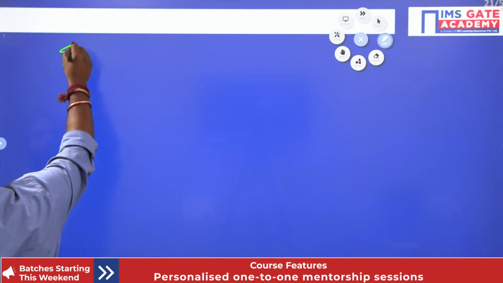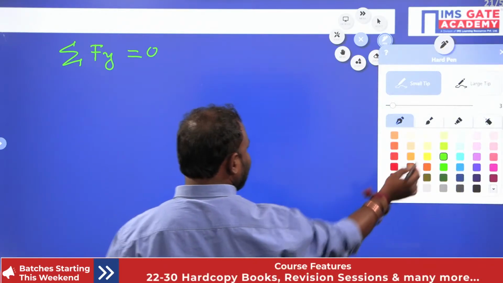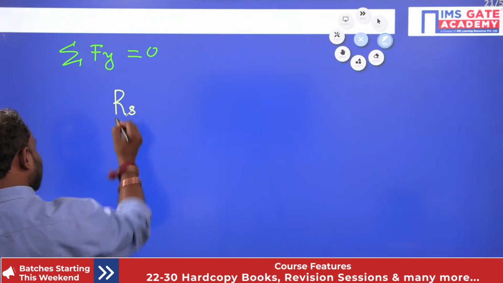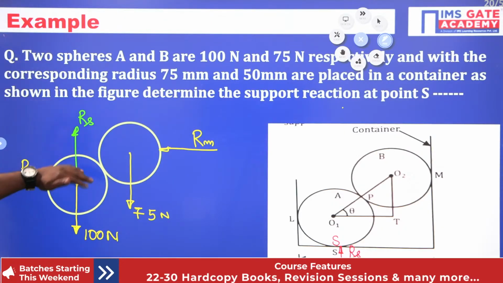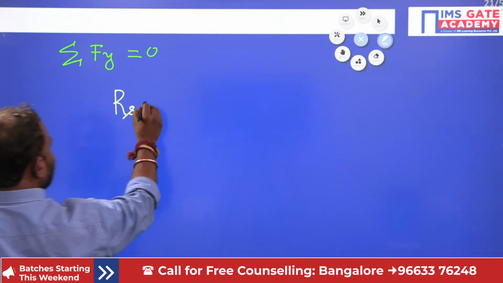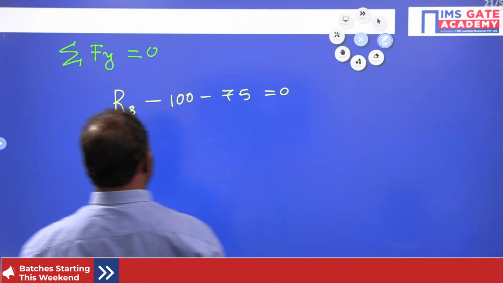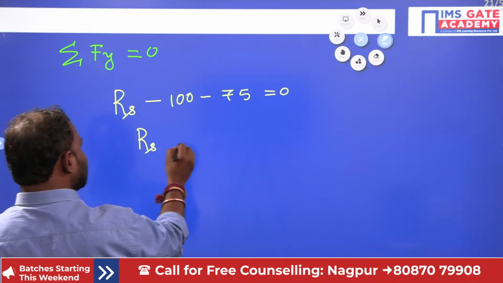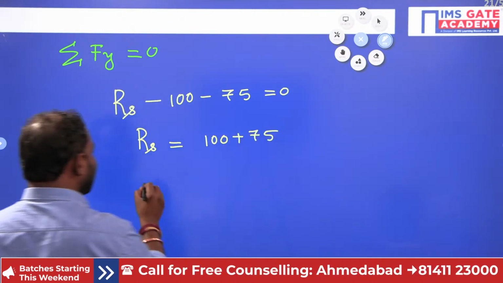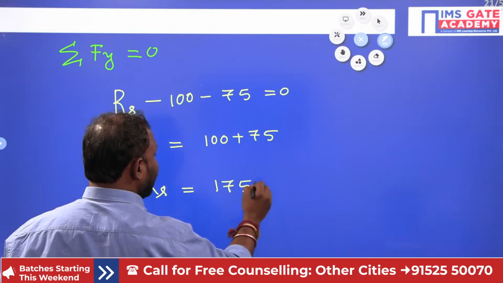So sigma Fy equal to 0 gives a very simple equation: RS, the upward force, minus the downward forces, 100 minus 75. So RS is equal to 100 plus 75. RS, the reaction at point S, is going to be 175 newtons.